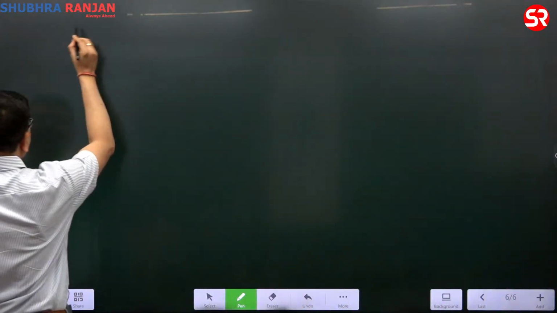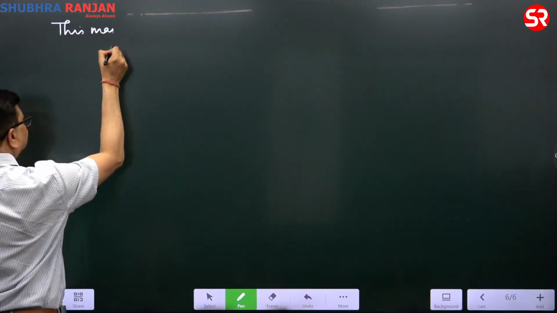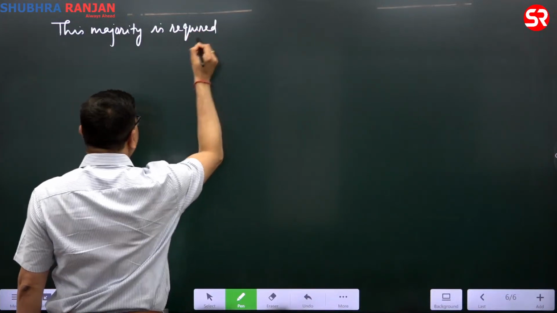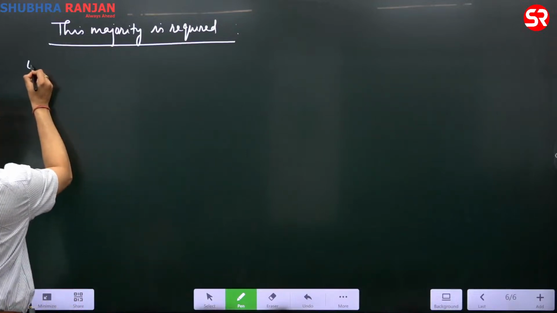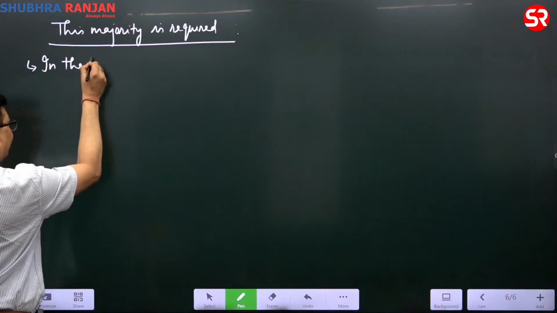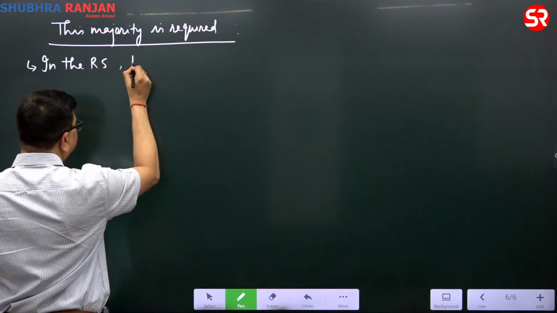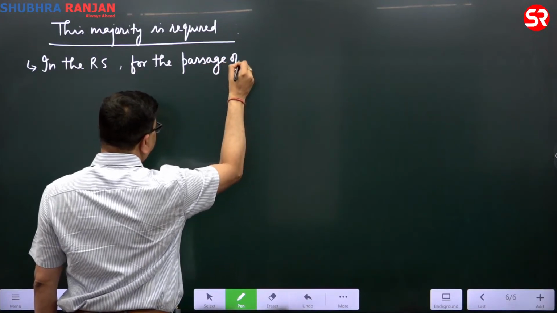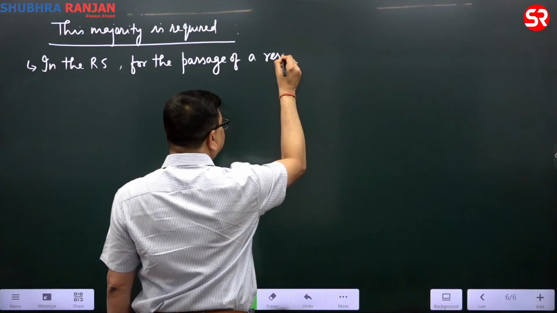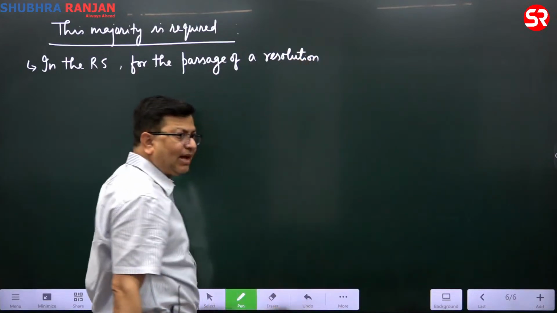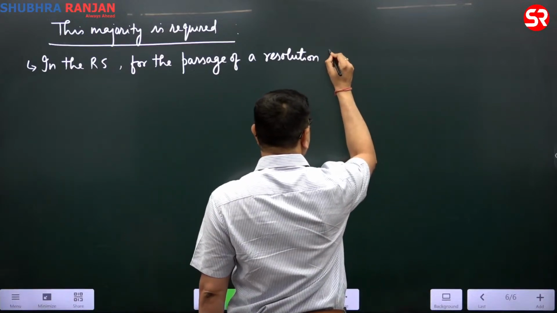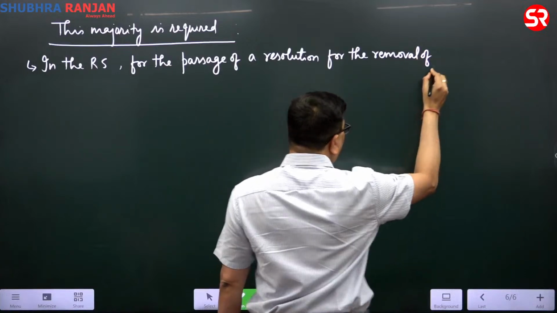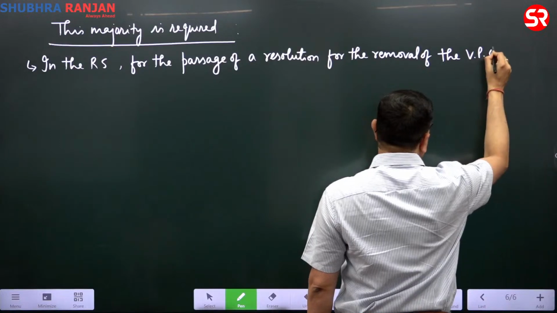This majority is required, first, in the Rajya Sabha for the passage of a resolution for the removal of the Vice President of India.